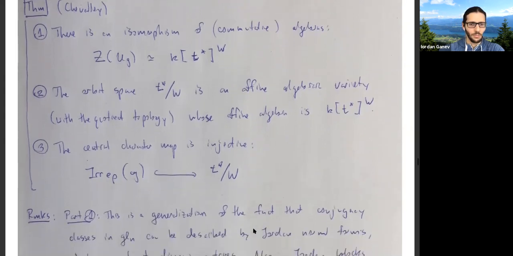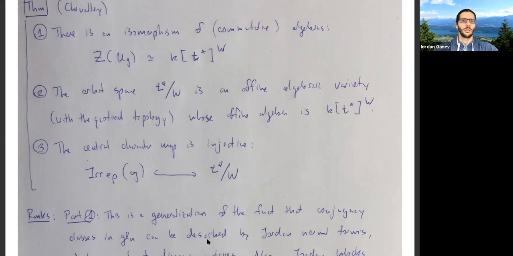So, some remarks about the statement. First of all, how do you think about this first part, this isomorphism? Maybe you learned about group algebras of finite groups, and there the center of the group algebra is functions on conjugacy classes of the group.